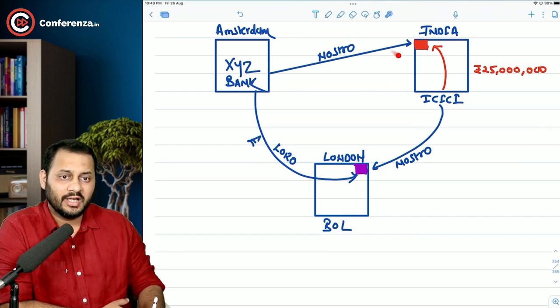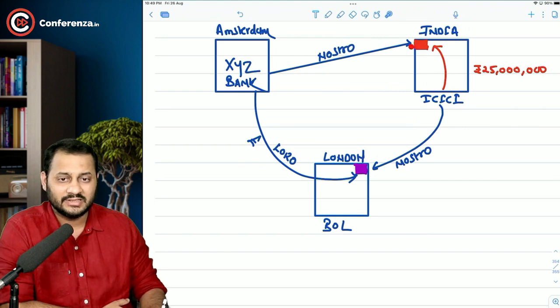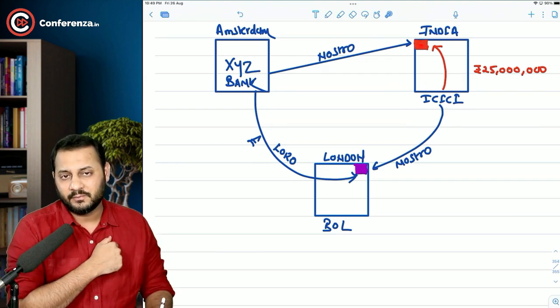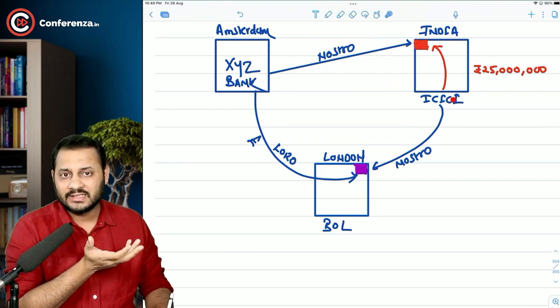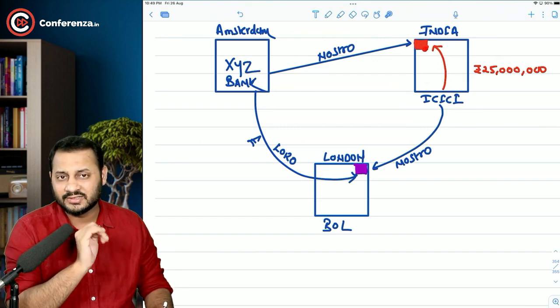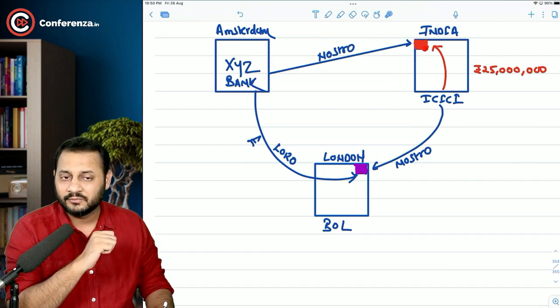This is your account, this is my account, which means this account is of XYZ Bank. And obviously ICICI Bank is ready to deposit 25 million rupees in this account. But in return, they also need something.